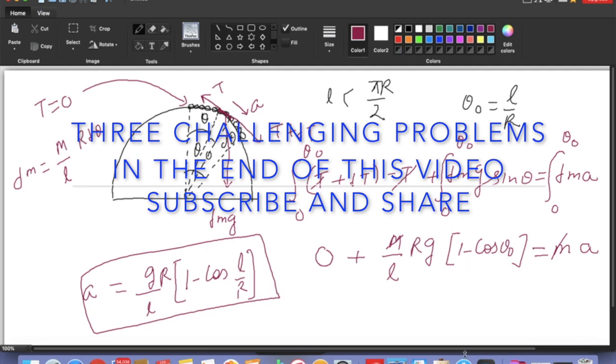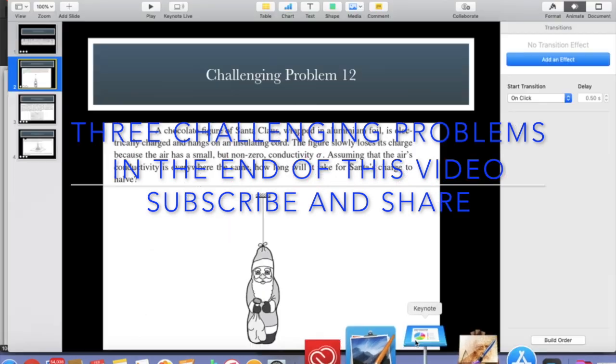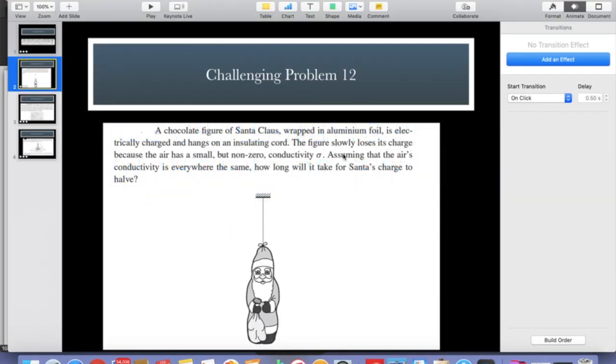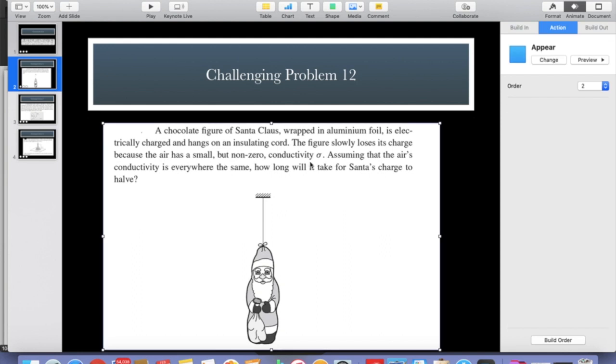Okay, so now I am giving you my next challenging problem. The next challenging problem is again a fantastic problem from electrostatics. You are given a chocolate figure of Santa Claus wrapped in aluminum foil, electrically charged and hanging on an insulating cord.